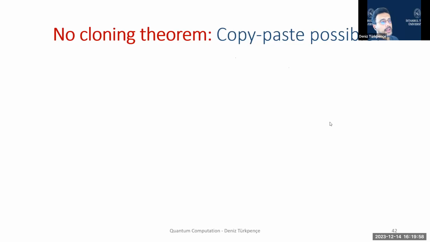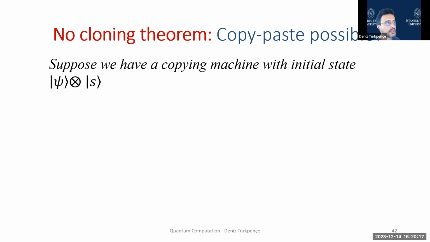And next, another extremely important theorem, which is called the no cloning theorem. Okay, copy paste possible? The no cloning. What does it mean? Can quantum information be copied or not? Now we are trying to understand this.